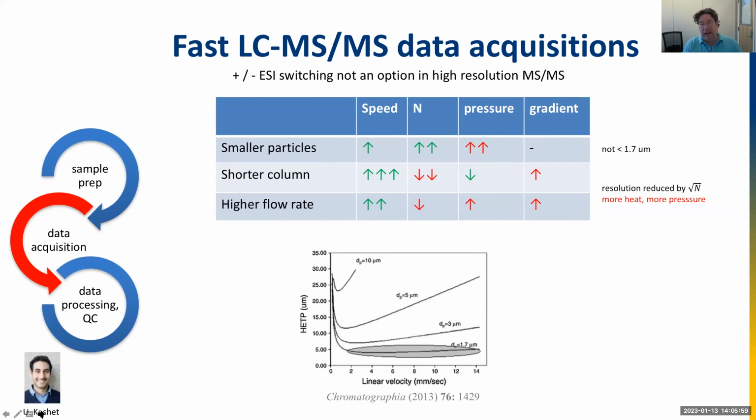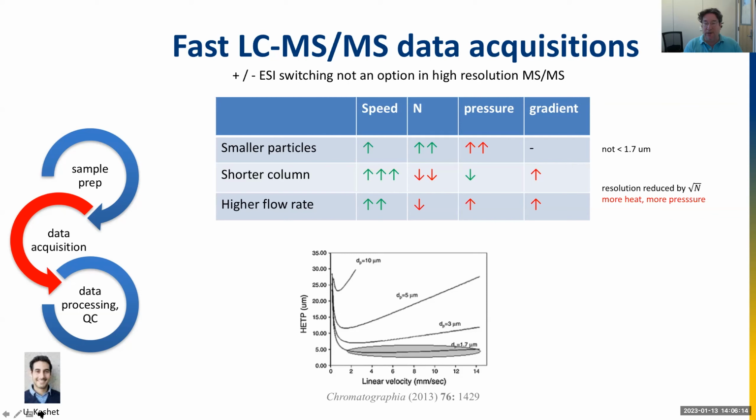You can use smaller particles, but then you have a lot more back pressure in the column, or you use shorter columns. So overall, we think the particle size at 1.7 micron is just fine.